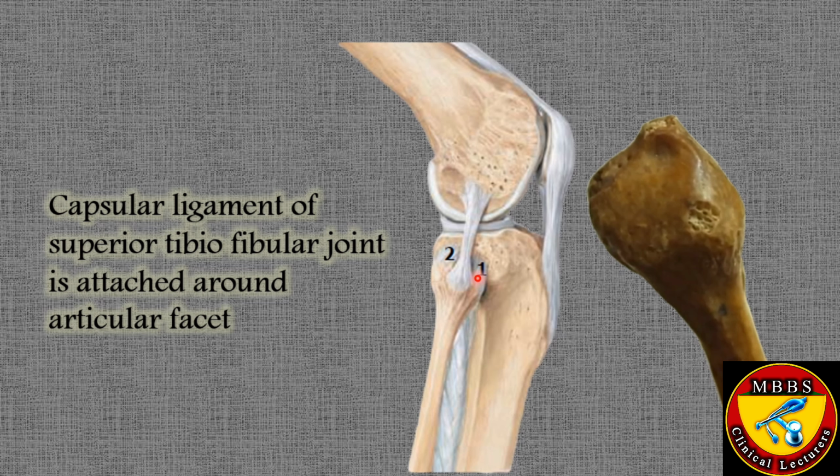You can see 1 and 2 show the capsular ligament of the superior tibiofibular joint, which is attached around this circular articulating facet on the superior surface of the head of the fibula.